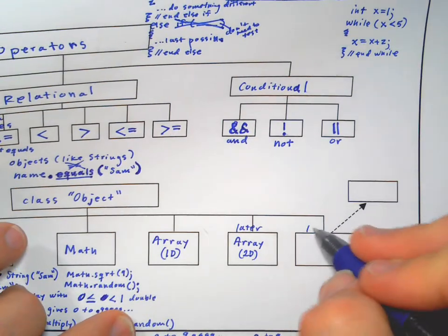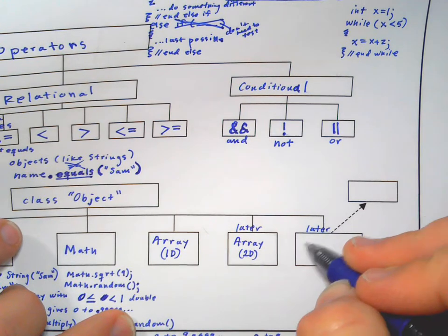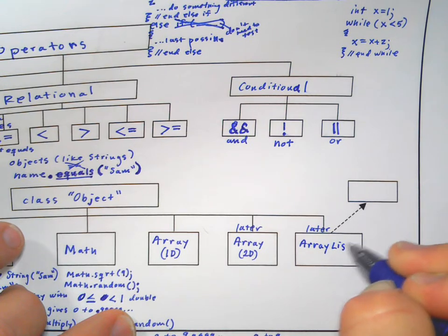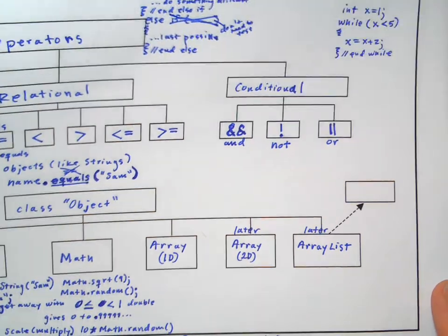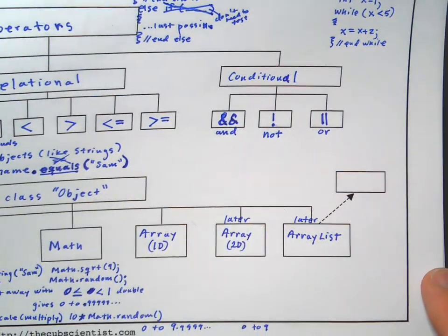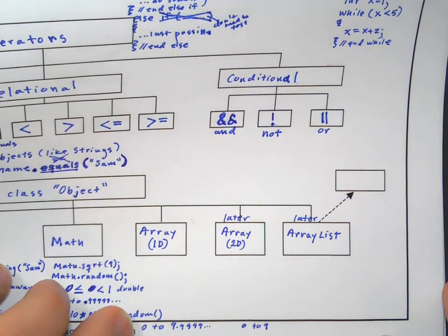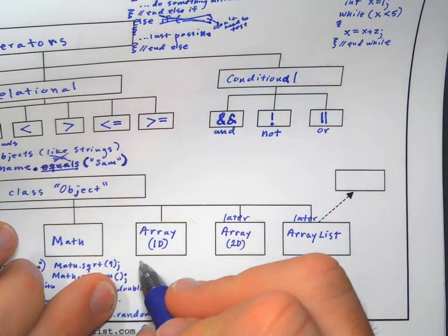Also later, we'll talk about another similar structure called an ArrayList. We'll use it for similar things, but it works a little differently, which is good for certain things and bad for others.